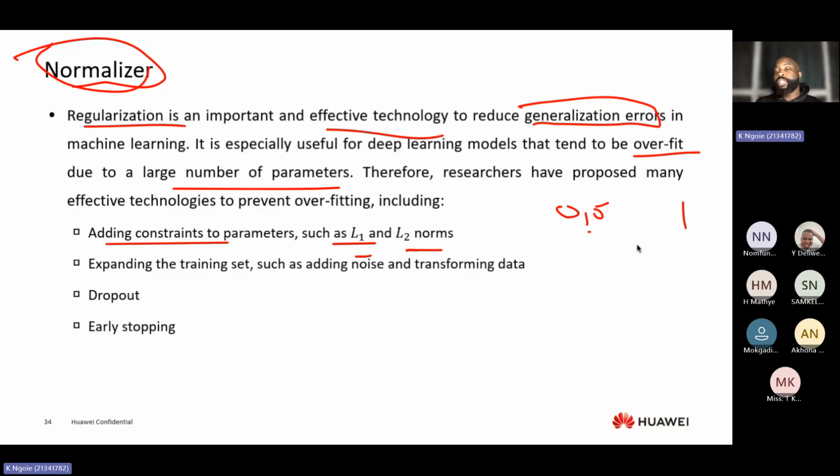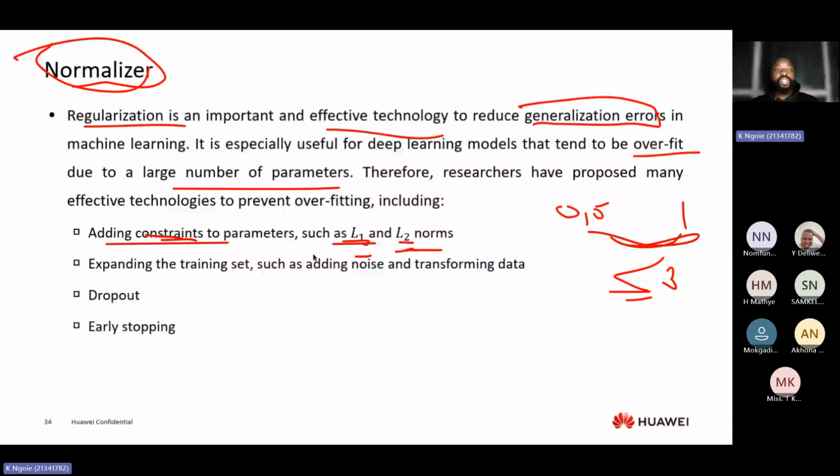You want to keep it in this range. Or you want to keep it below 3, so your weight must not exceed 3. So you will use an L1 and L2 constraint, which we're going to talk about tomorrow, right?